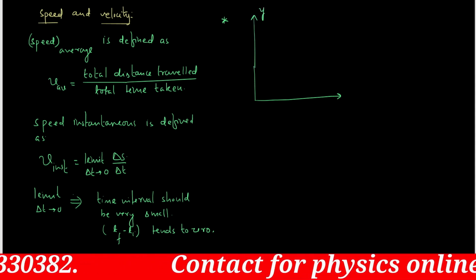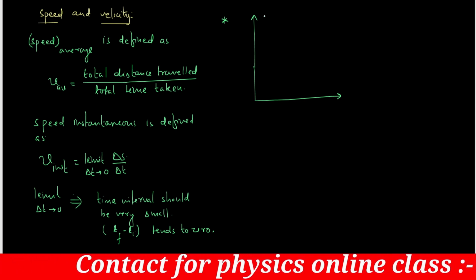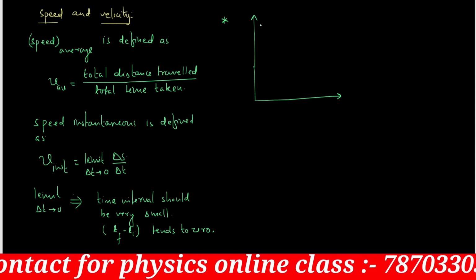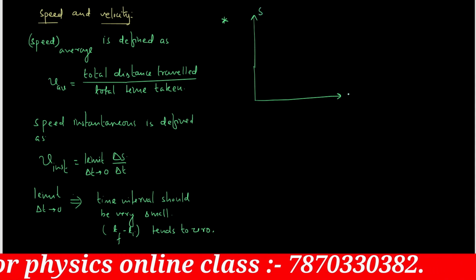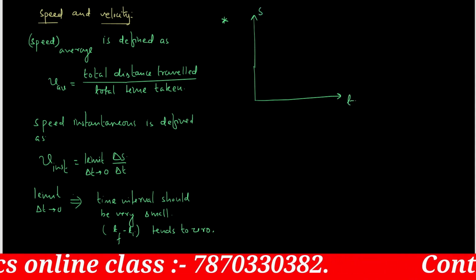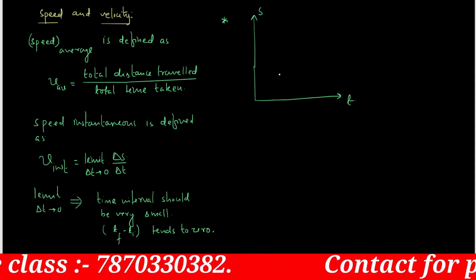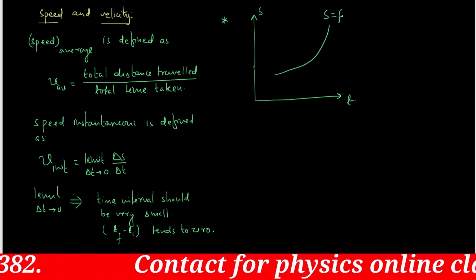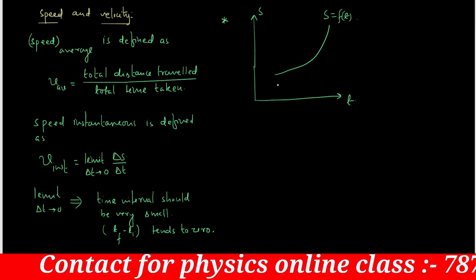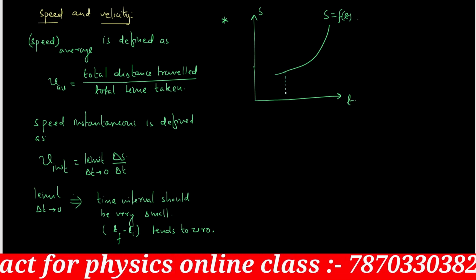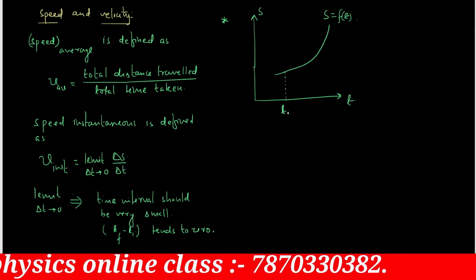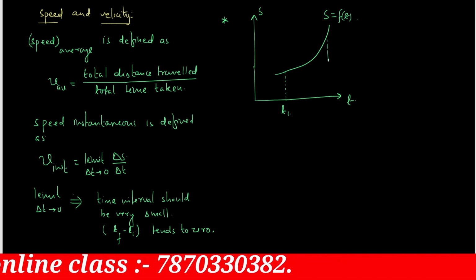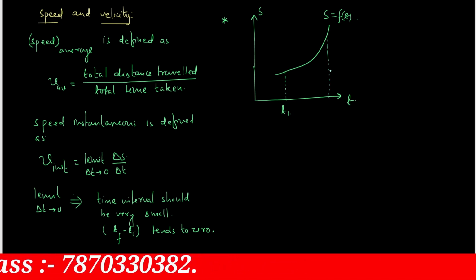This is the y-axis. Say this is s and this is time. This is a graph of s as a function of time, right? Say this is t initial and this is t final.